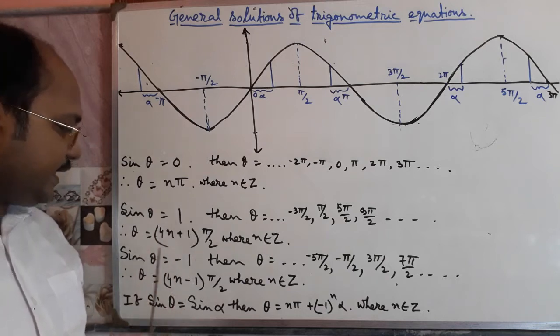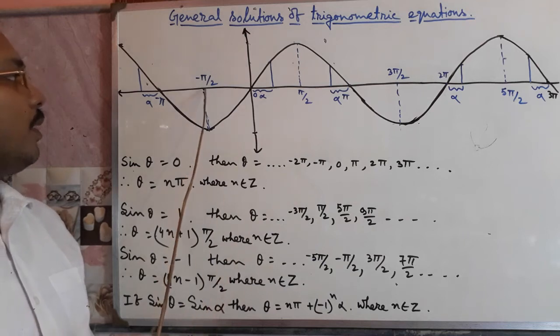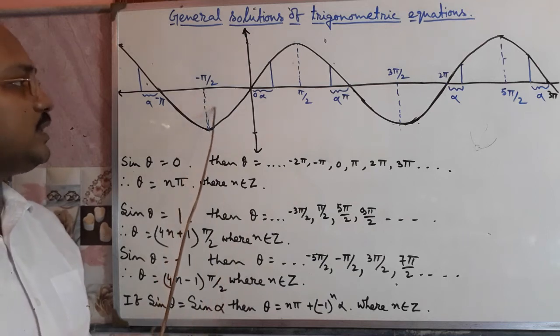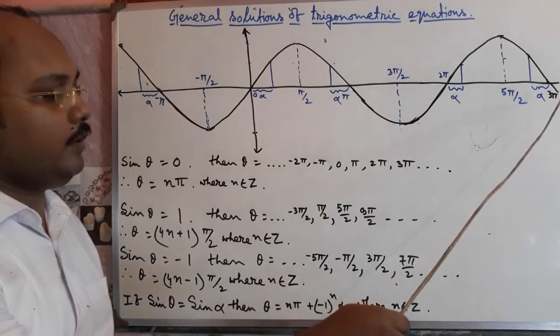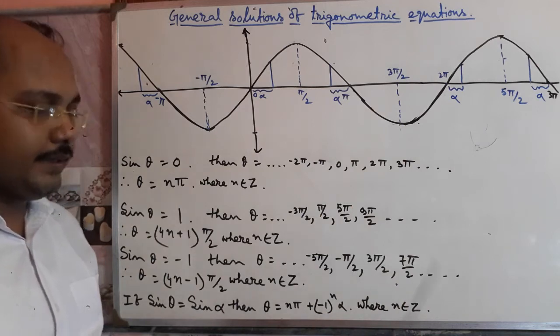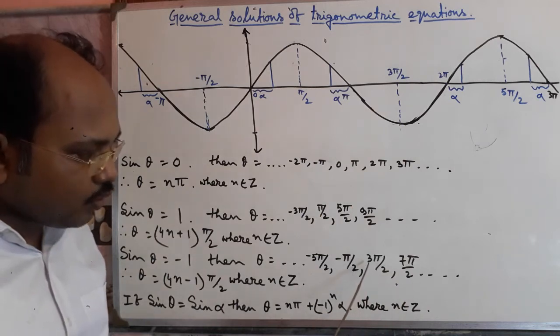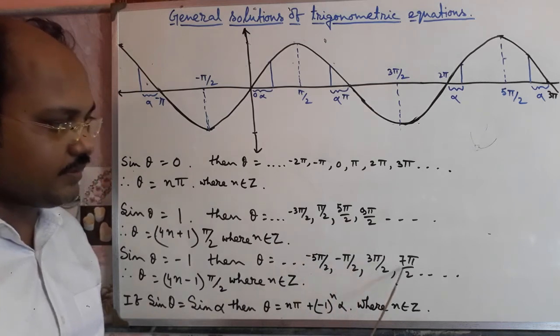Now if sine theta is equal to minus 1, then you see from the graph it will be minus 1 for minus pi by 2, then for 3 pi by 2, again for 7 pi by 2. What can you write? Again you see the coefficients of pi by 2, that is minus 5, minus 1, 3, 7.